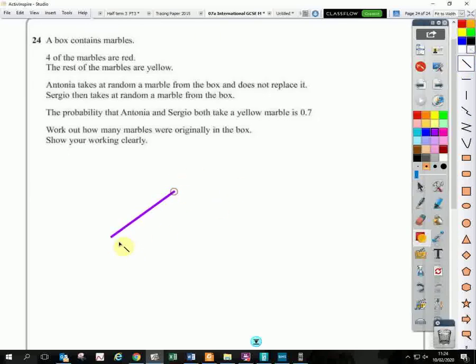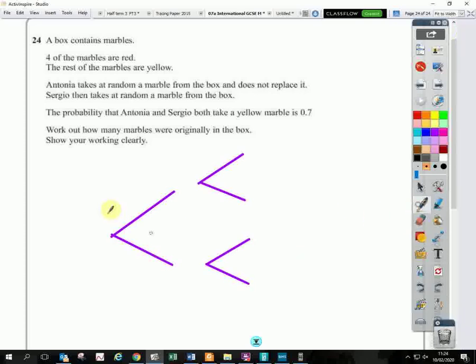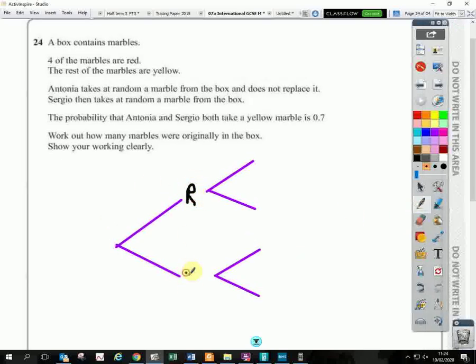So we have red and yellow, and then following on from that, when we take the second marble, there's another red and another yellow option. Okay, so the tree diagram is going to look like this: red, yellow, red, yellow, red, yellow. The probability of red. Now we have to think about this. Okay, there are 4 red and the rest are yellow.